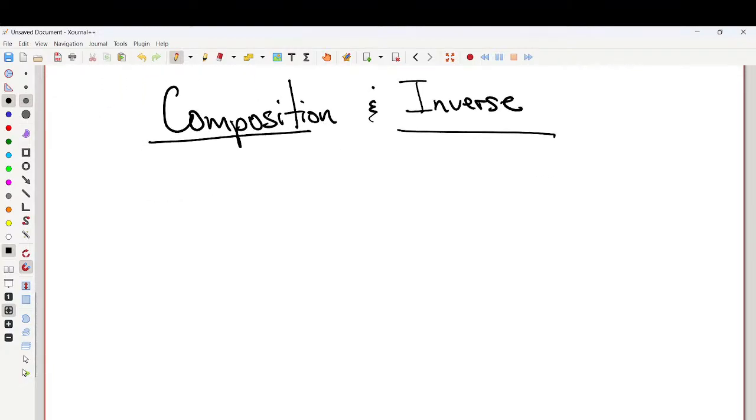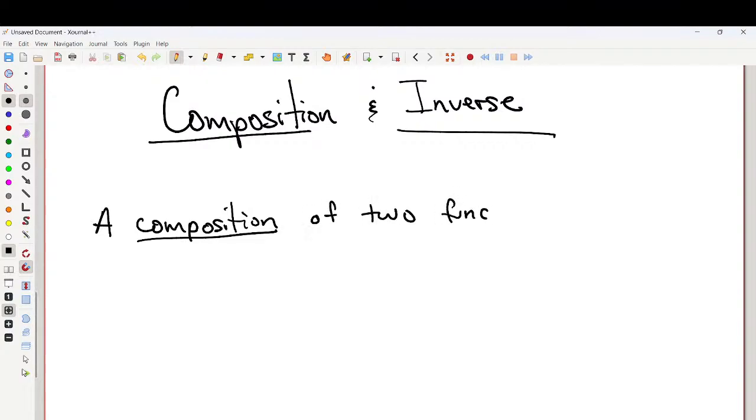First, a composition of two functions, I'll say f and g.